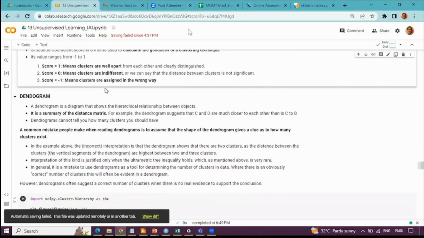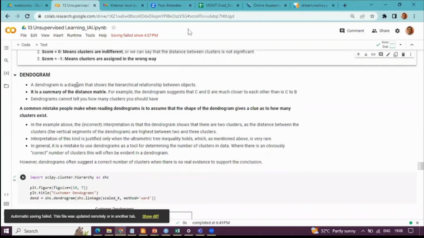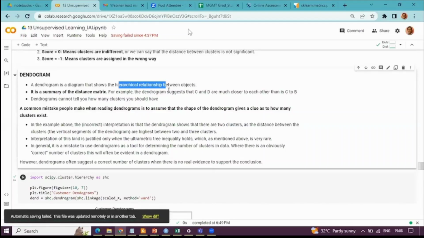So for a little more clarity on the dendrogram, it's a diagram that shows the hierarchical relationship between the various observations.